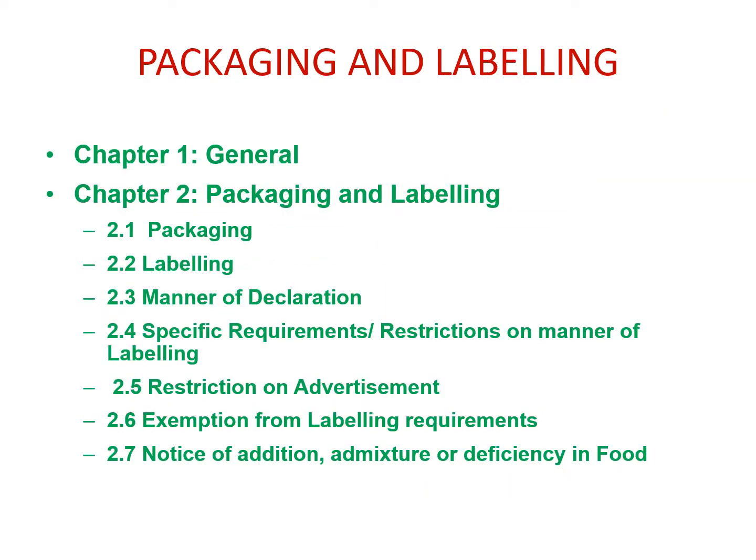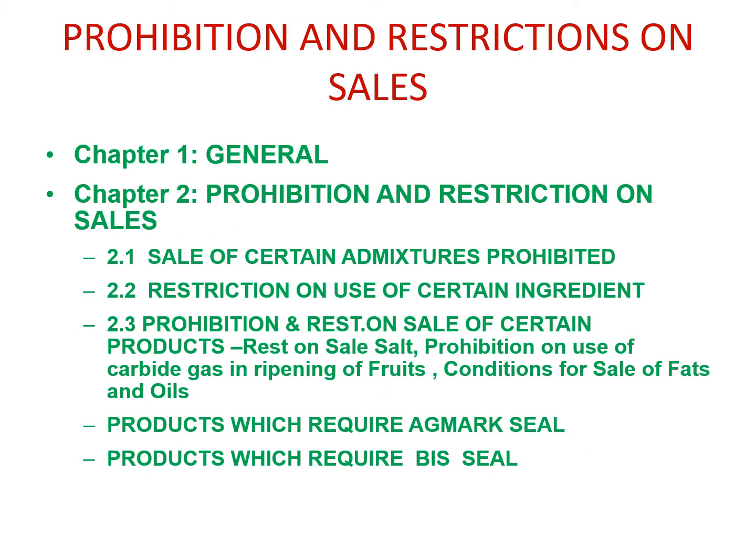Packaging and labeling covers packaging, labeling, the manner of declaration, restriction on manner of labeling, specific requirement or restriction, restriction on advertisement, exemption from labeling requirements, and notice of addition, admixture or deficiency in food. So this is about packaging and labeling.